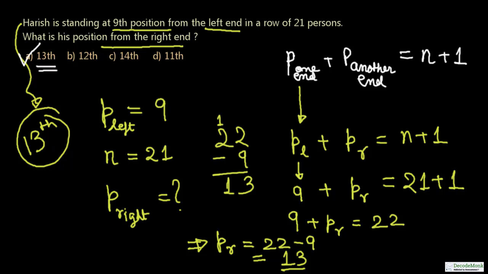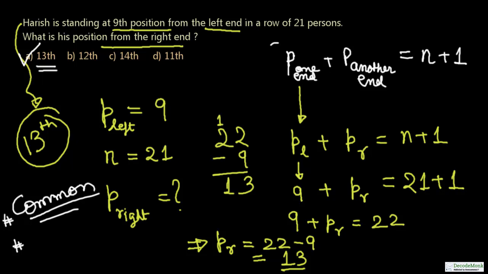So my dear little friends, these questions are very common in Olympiads, in all the Olympiads, whether it's SOF, IMO, Silverzone or NSTSC or UCO. You should have a fundamental understanding of this question, and you should be able to solve these questions very fast.